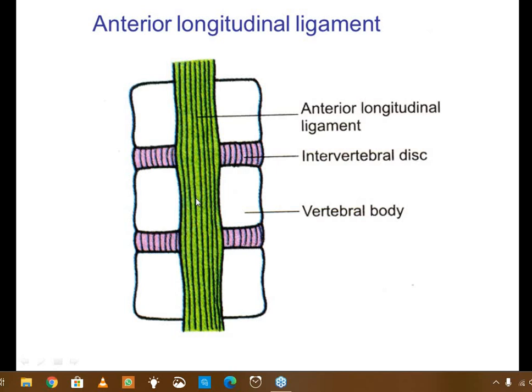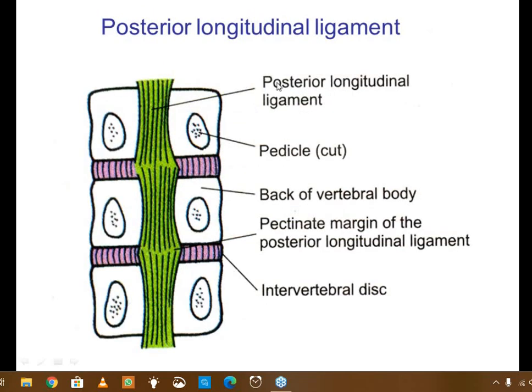Similarly, this joint is supported posteriorly by the posterior longitudinal ligament present on the posterior surface of the body of the vertebra. The pedicles have been cut. It's just a line diagram. So posteriorly there is this posterior longitudinal ligament.